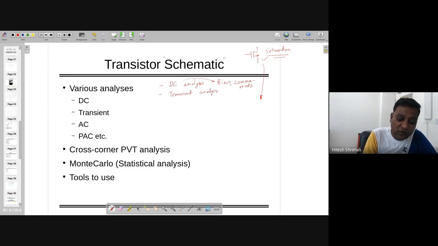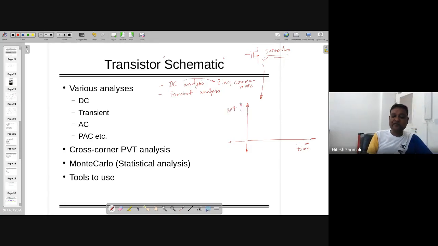Transient is the one where the y-axis might be the amplitude and the x-axis is always time. If you are doing amplitude with respect to time, then it's the transient analysis, and it's always sampled. Understand that when you are running the simulation, it's sampled, because every simulator works at particular times.